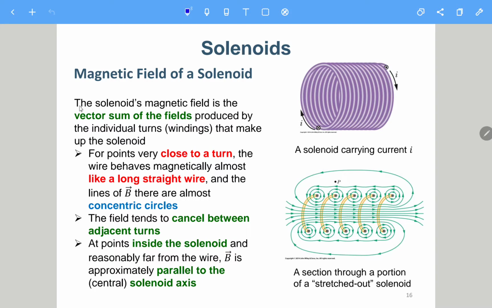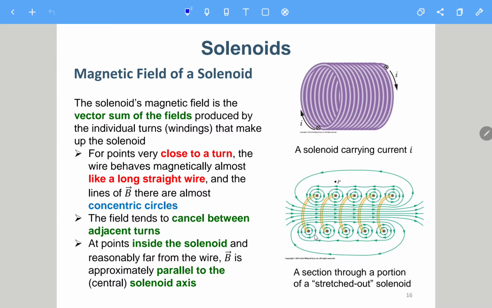So here it says the solenoid magnetic field is the vector sum of the field produced by the individual turns, windings that make up the solenoid. So for points very close to a turn, you can see here the magnetic field lines generated by this structure are a bit messy, but we don't necessarily consider all of those.